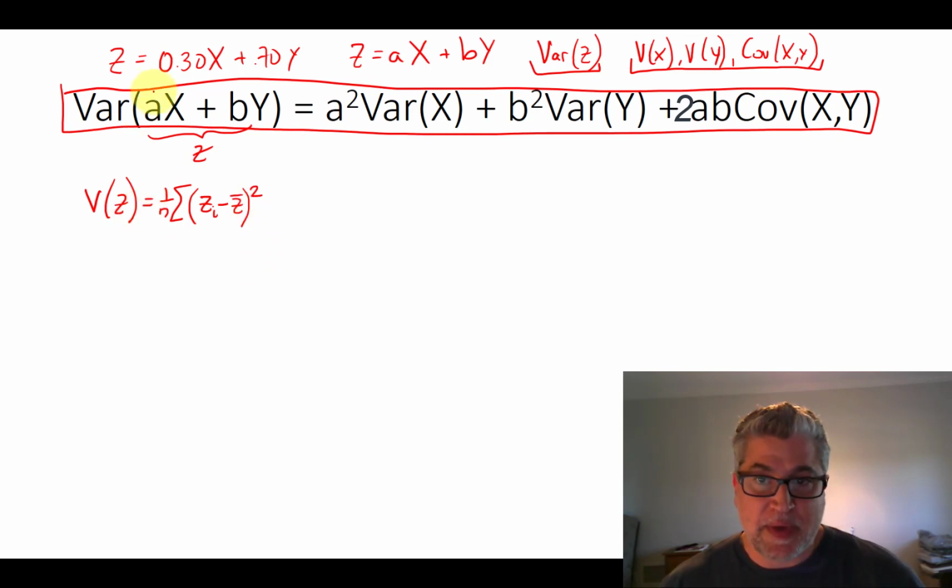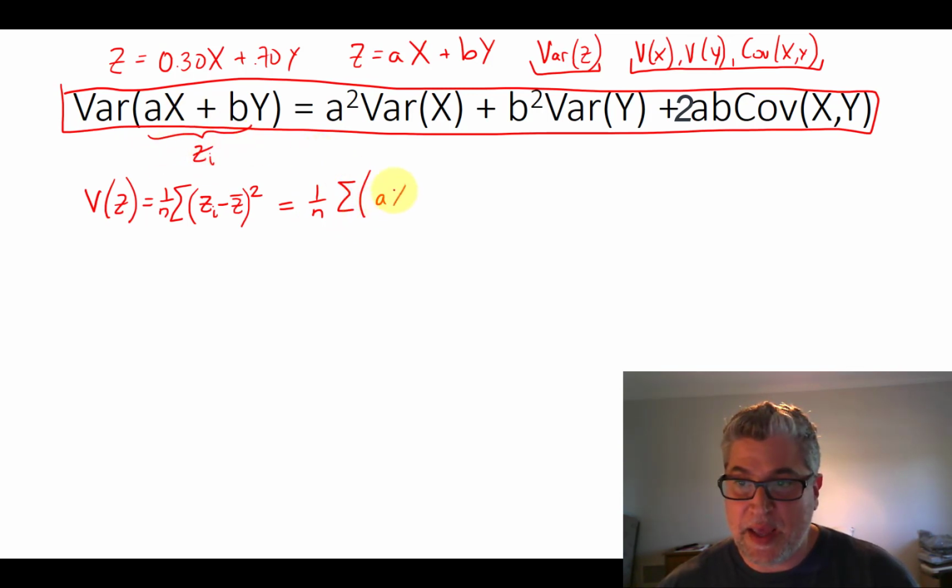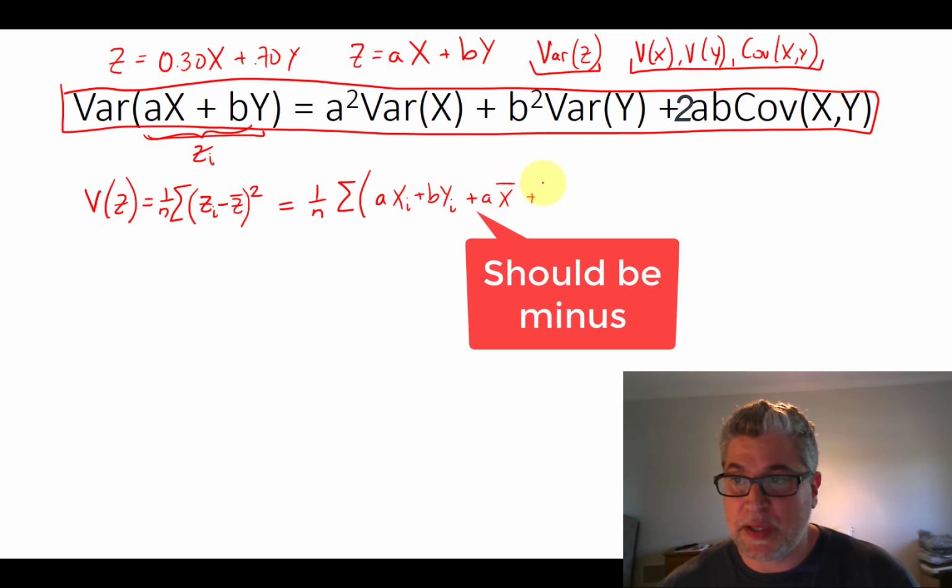Now z is ax plus by, so the variance of z is going to be 1 over n times the sum of, now we need a zi here, so it's going to be a xi plus b yi minus the average of z. So that's just a x bar plus b y bar. Okay, and this of course needs to be squared, so we put in a squared term right there.